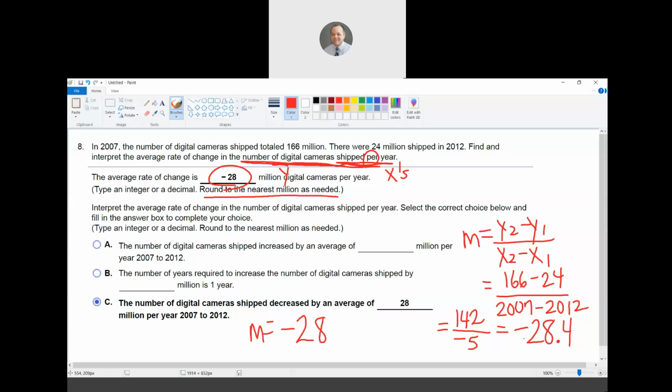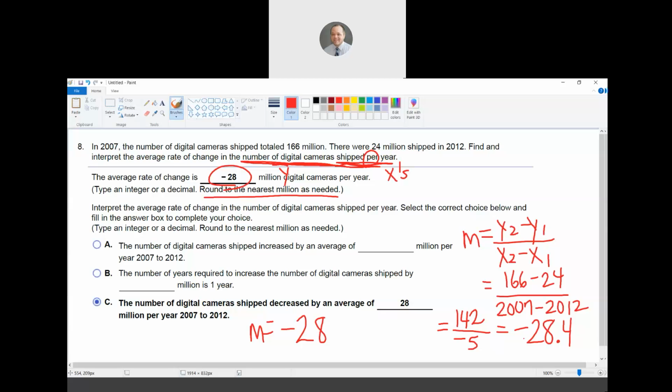The second part, interpret our average rate of change. And usually when you see the phrase average rate of change, that means slope. So interpret the slope in the number of digital cameras shipped per year. Well, we would eliminate A and B because of the keywords there, increased and increase.